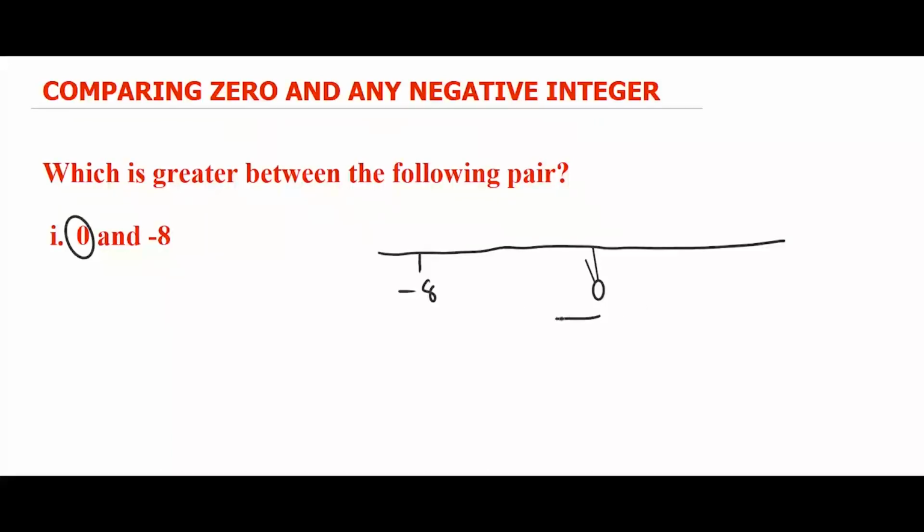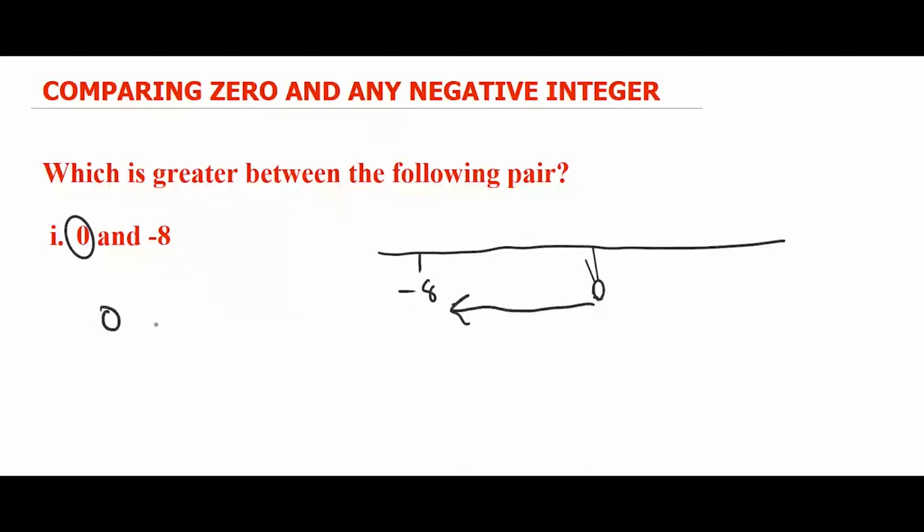If you are moving towards this direction, you were told that the numbers become smaller. So that means 0 is going to be bigger than -8.